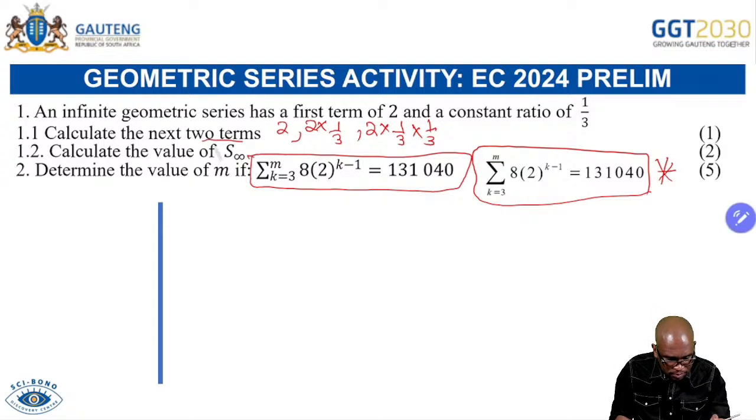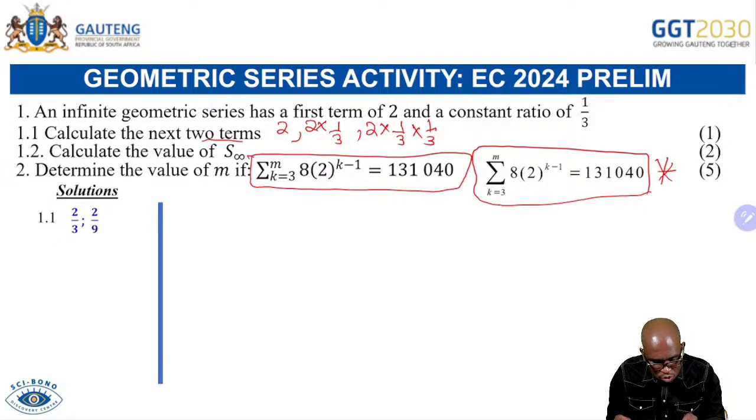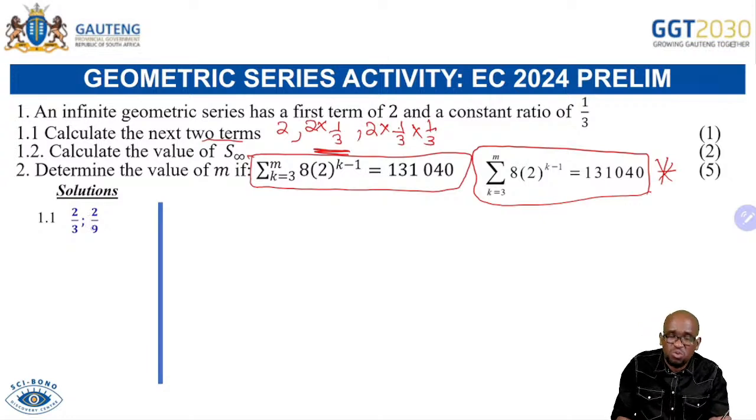Right, let's see the solutions. The first one, obviously, the next 2 terms. We've worked it out here. 2 times 1/3 is 2/3. 2 times 1/3 times 1/3 is 1/9 times 2, which is 2/9. Those are the next 2 terms.